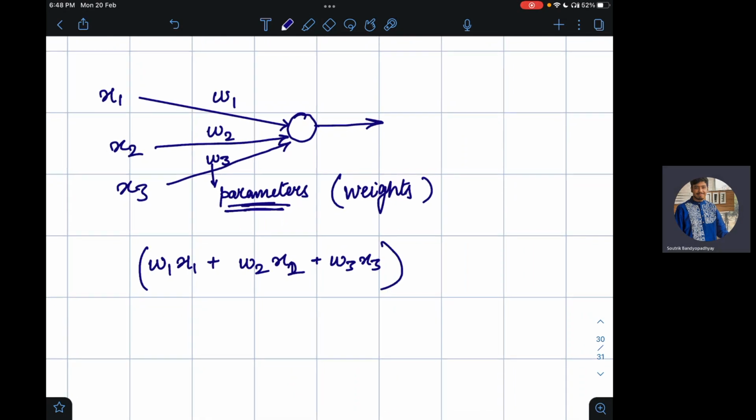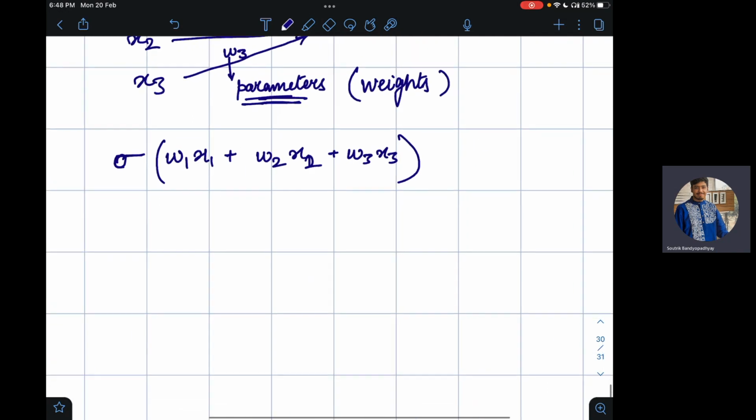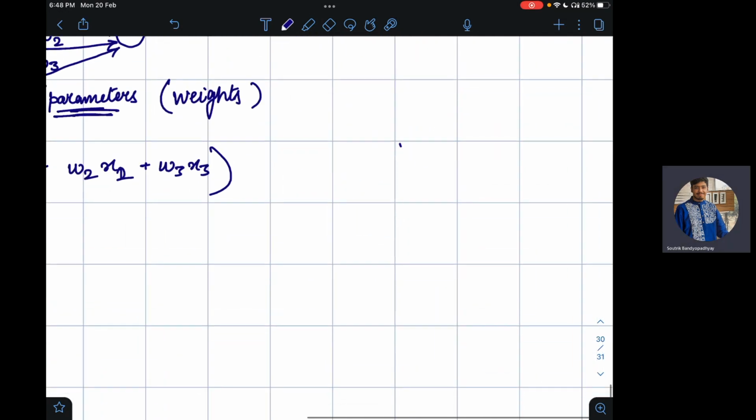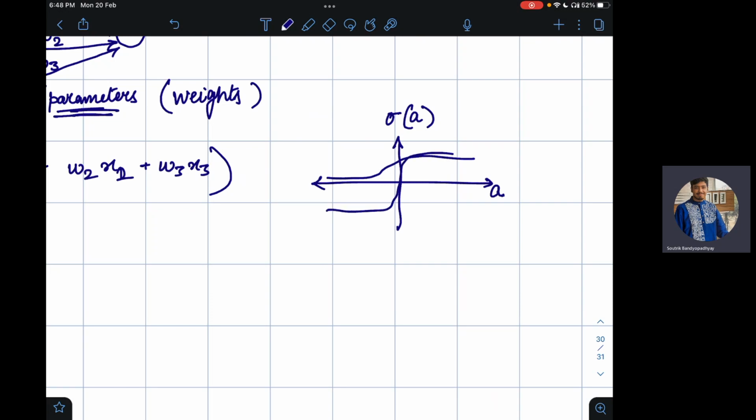And what a neural network does is it passes it through an activation function. The activation function is a nonlinear function. Let's denote it by sigma. What it does is essentially take a single dimensional input, let's say I call this A, and it finds sigma of A, which can be anything like this or something like this.